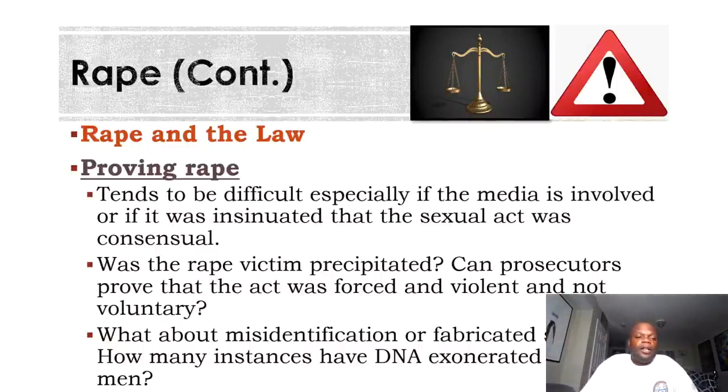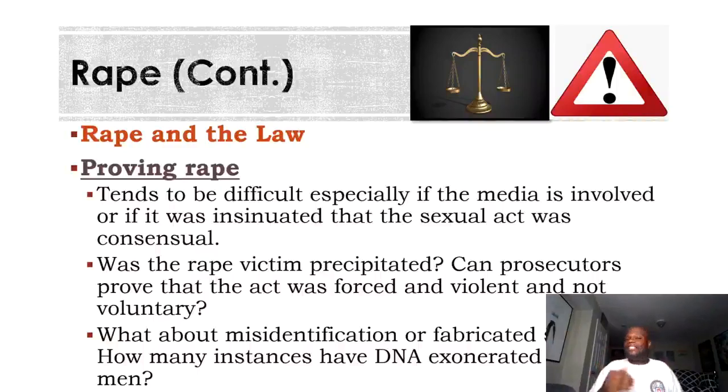I didn't do anything wrong. We agreed that this was going to be okay, and it probably was never talked about, or the person could have been significantly intoxicated, and in their moment of intoxication, they gave in. But it does happen. What about, was it victim precipitated? Can they prove that the act was forced and not voluntary? What about misidentification and fabricated stories?